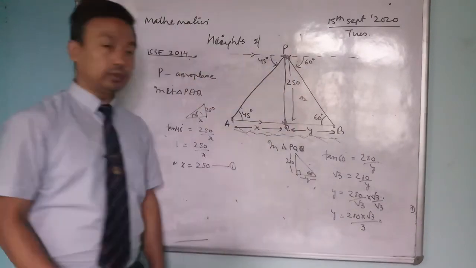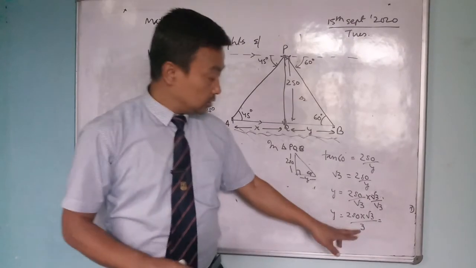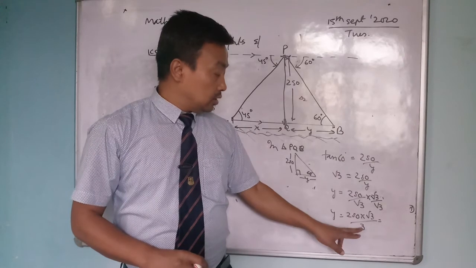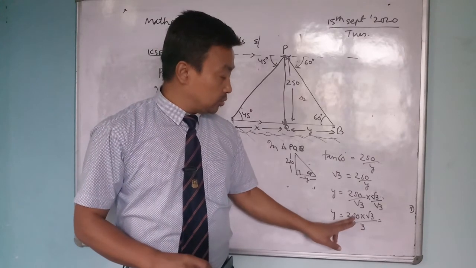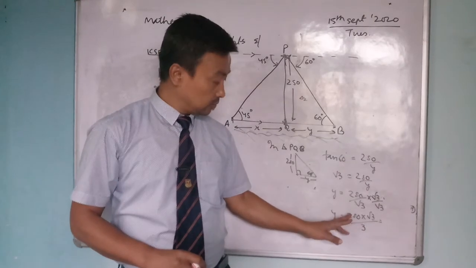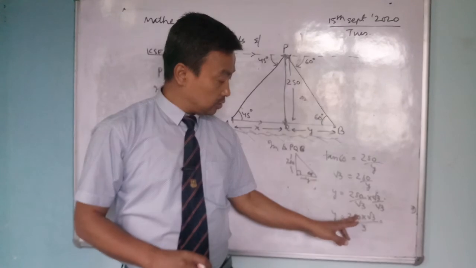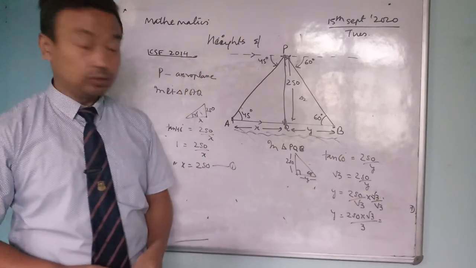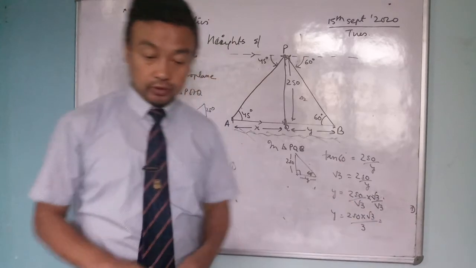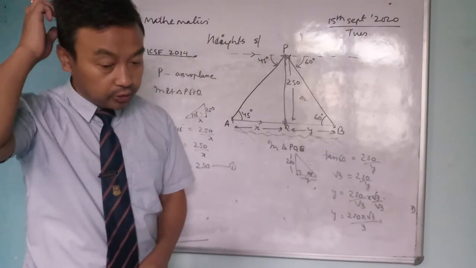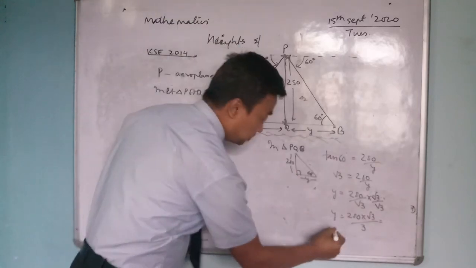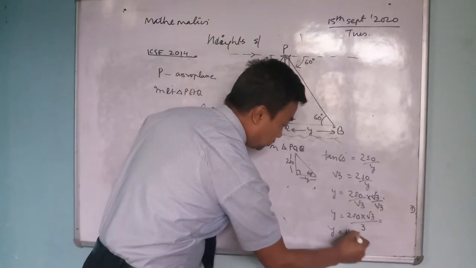Now after solving this, you have to put the value. This will not cancel. About 83 point something will come, into 1.733. You multiply, and after putting all the values you will get somewhat 144 something, 144.2.